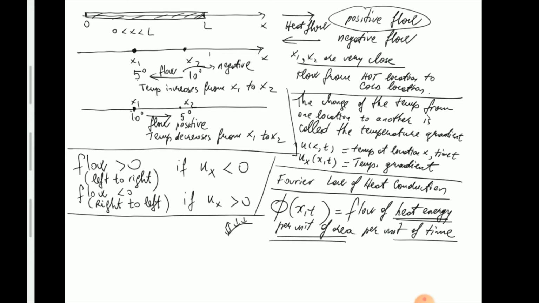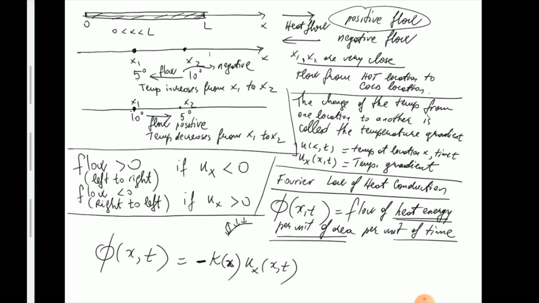The Fourier law of heat conduction simply states that the flux at location x and time t is going to be proportional to the temperature gradient. The constant of proportionality is going to be that conduction term, which we defined previously, and that depends on the location, and the temperature gradient being the partial derivative with respect to x. So again, the minus sign is because of what we just talked about.